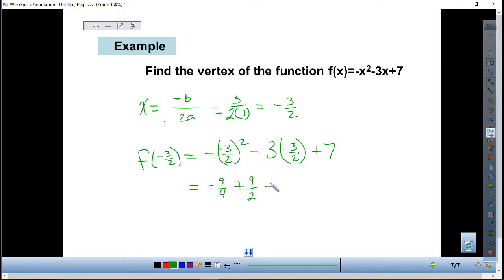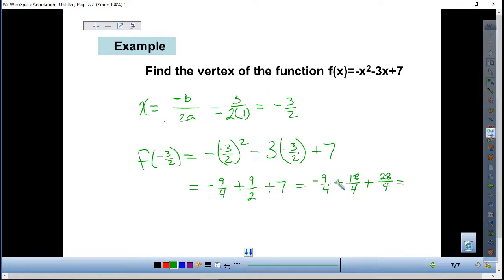9/2 plus 7. Now I need a common denominator here, and 4 is going to be it. So the first one's okay, -9/4. This one I've got to multiply top and bottom by 2. So 18/4. And then this one I've got to multiply by 4/4. That's going to be 28/4.